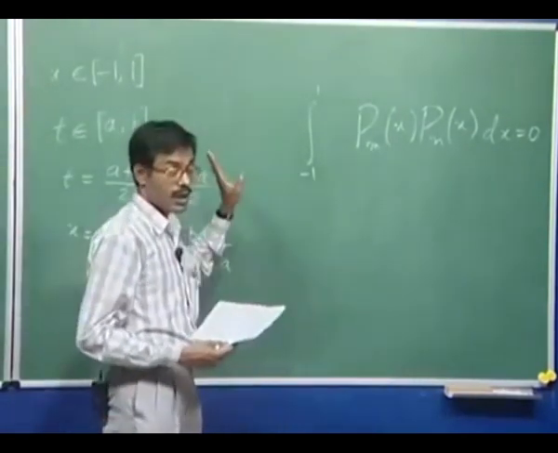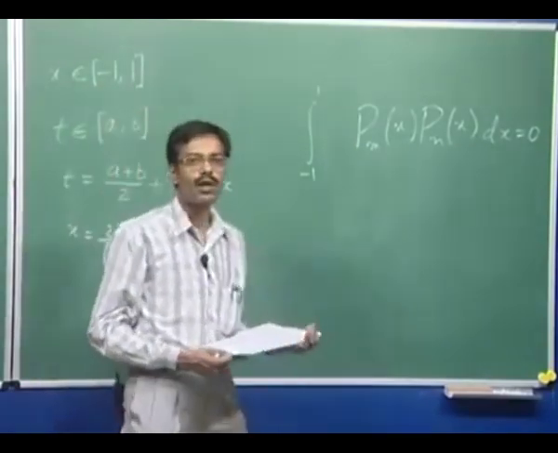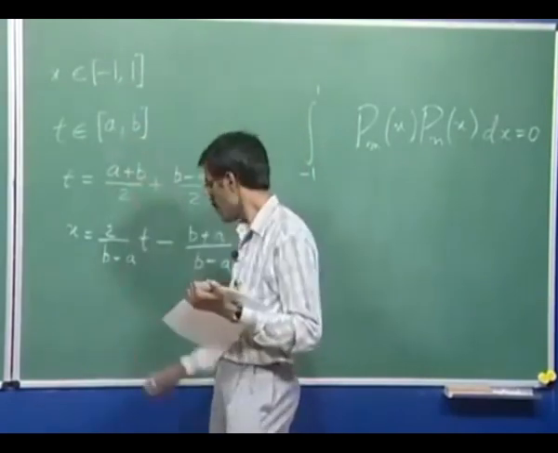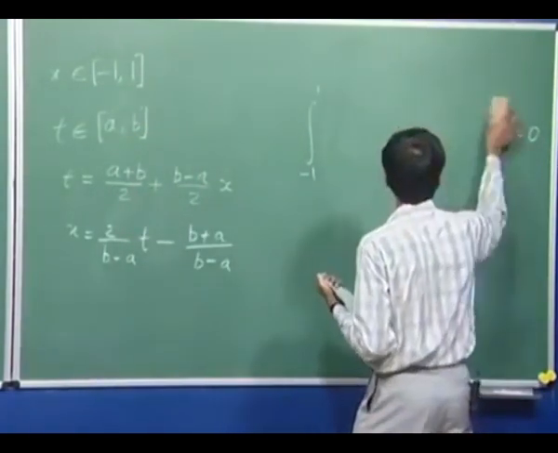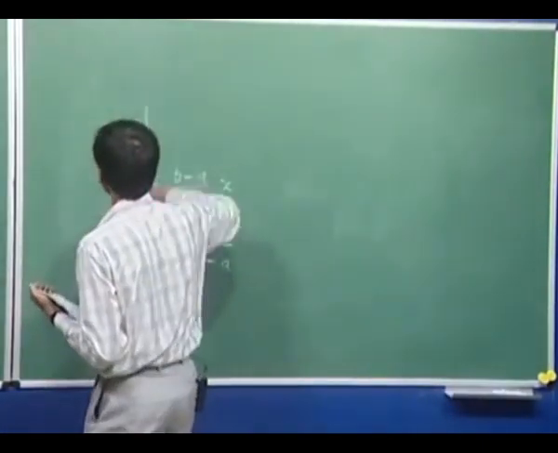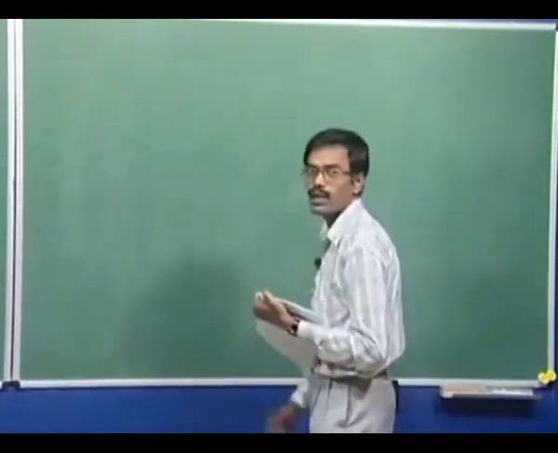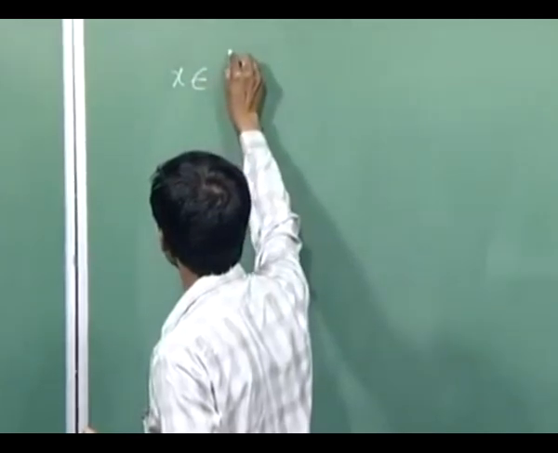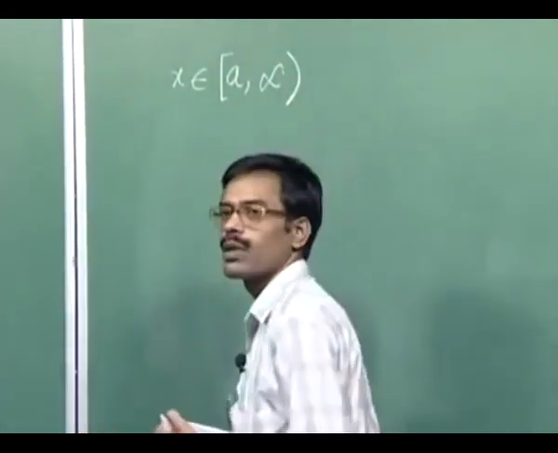But you can do this reparameterization, this scaling of the variable, as long as the interval of your interest is finite. If you need to represent functions over an infinite interval, which can happen in two ways, one is semi-infinite and the other is infinite, if your domain of interest turns out to be this, then what do you do?